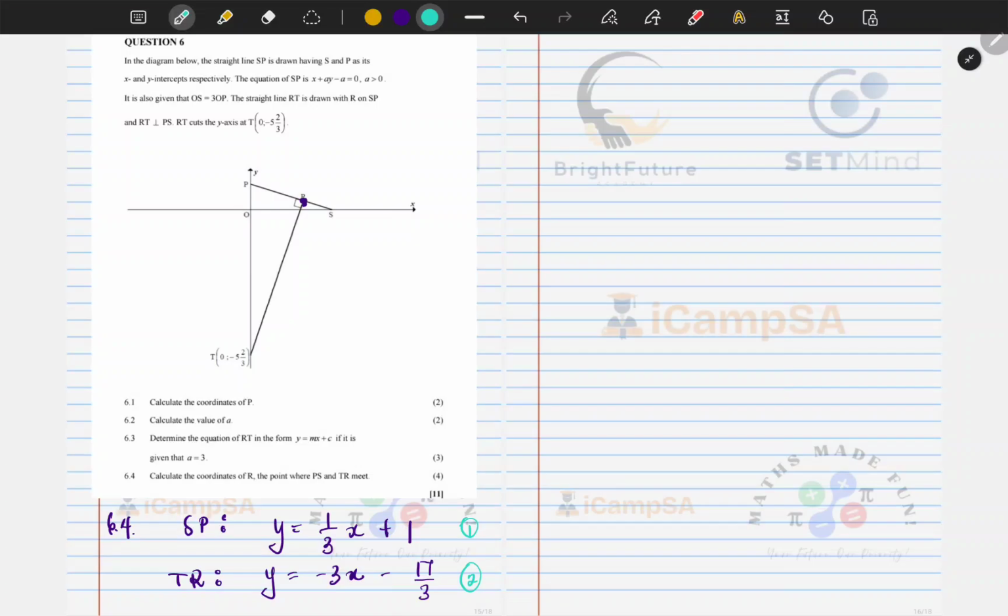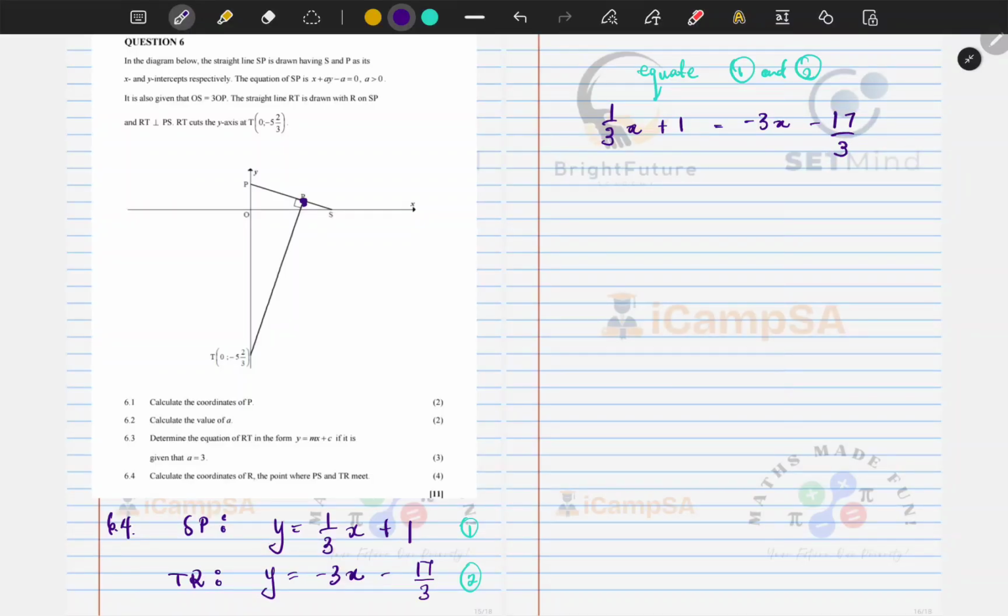So the point where these graphs meet, that's going to be R, and we are going to substitute y and y. So now we equate equation 1 and 2, right? So now you are going to have 1 over 3x plus 1 is equal to negative 3x minus 17 over 3, right?